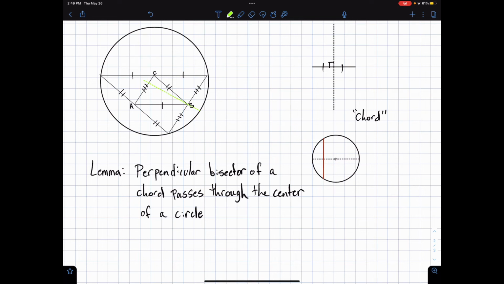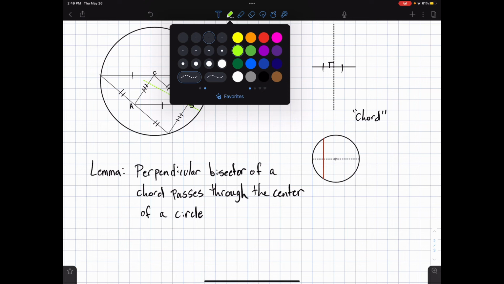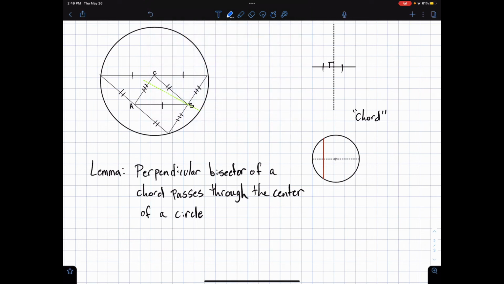And then we're going to draw the perpendicular bisector of the chord next to vertex A. That looks pretty perpendicular. Let's just move it to the right place and extend it.